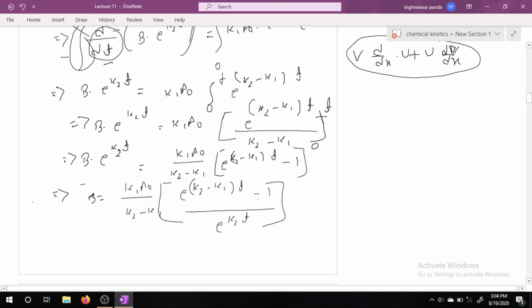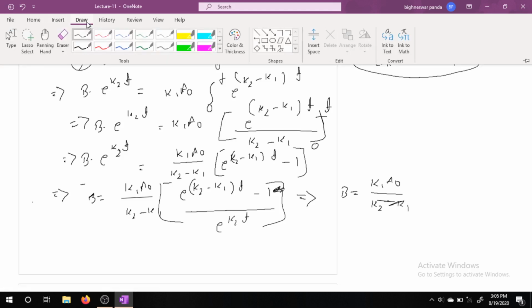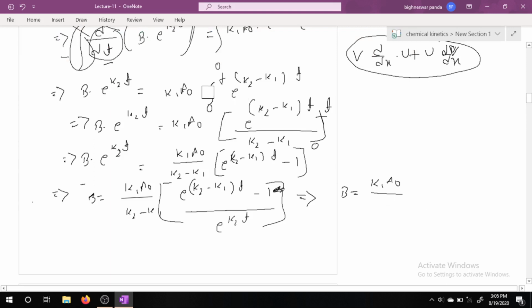I can simplify the equation: B is equal to k1 A naught divided by k2 minus k1, into e to the power minus k1t minus e to the power minus k2t. How does it come?